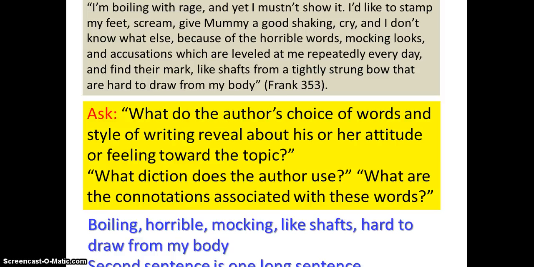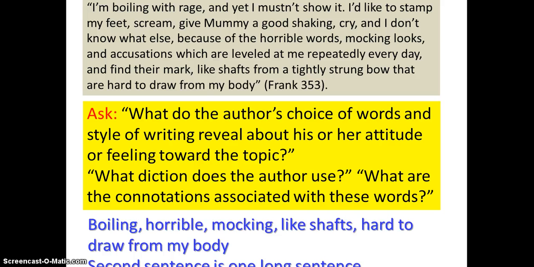If you think of something that is boiling, this is something that is about to flow over in a pot. It's hot. There's anger inside of her. If you think about the horrible mocking looks from someone, again, this is the anger that's directed towards someone, but she can't let it out yet. She uses the simile, accusations which are leveled at me repeatedly every day and find their mark like shafts from a tightly strung bow that are hard to draw from my body. Just imagine these arrows hitting you every day repeatedly. It hurts again and again and again, and you can't stop it.